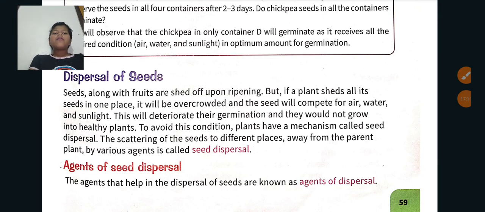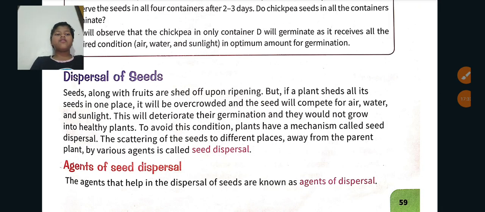The scattering of the seeds to different places away from the parent plant by various agents is known as seed dispersal. You may have seen trees in the forest, right? Are all the trees planted by us humans? It's not true, right? Because we can't plant so many trees in one place.